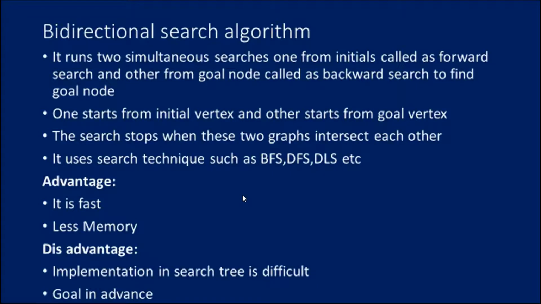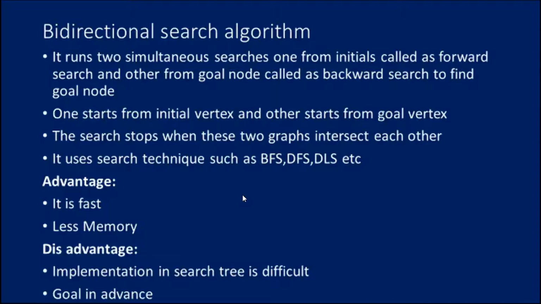It replaces one single search graph with two small subgraphs, in which one starts the search from the initial vertex and the other from the goal vertex. The search stops when these two graphs intersect each other. Bidirectional search can use search techniques such as BFS, DFS, DLS, etc.